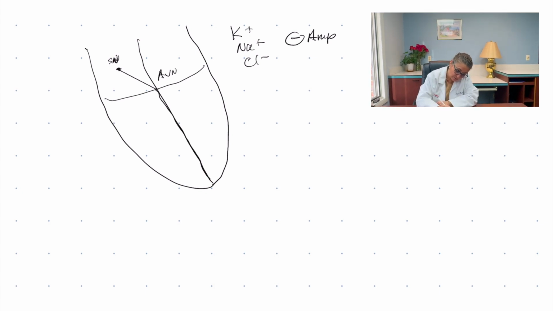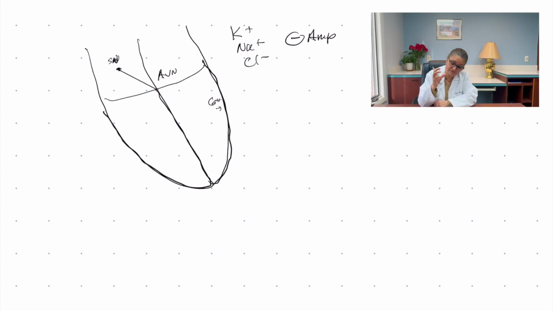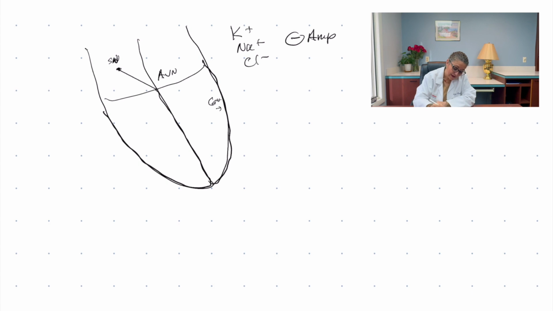And the AV node propagates this impulse, or this electrical activity, across the 2 chambers of the heart in the bottom. And then once that electrical activity gets to the entire heart, calcium gets released into the muscles of the cells, and those cells contract, and you get a contraction of the heart.